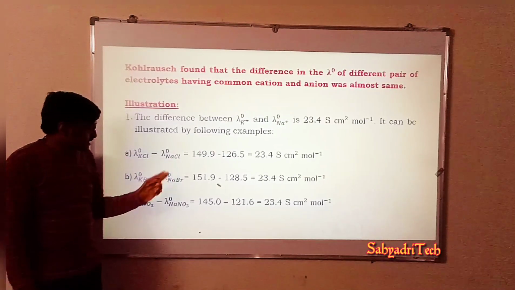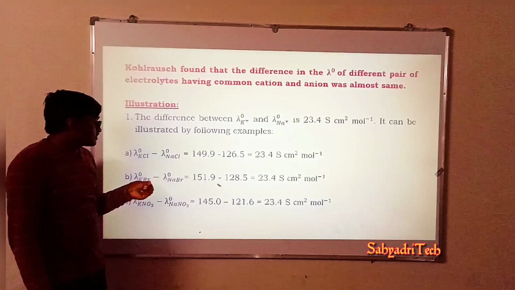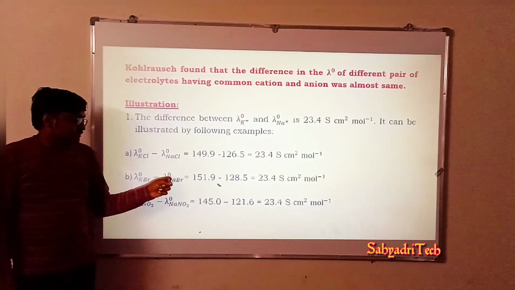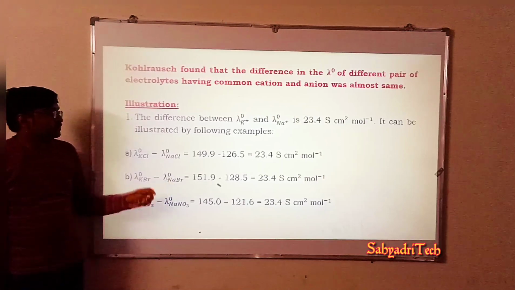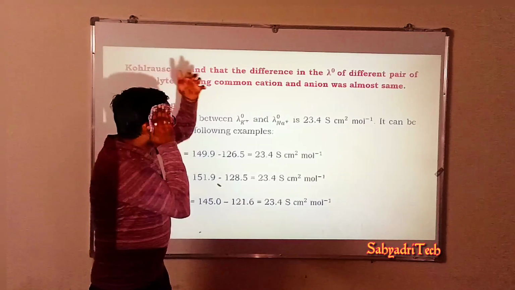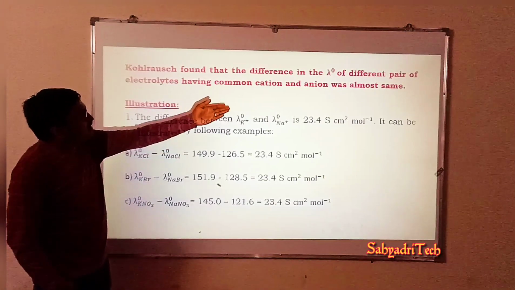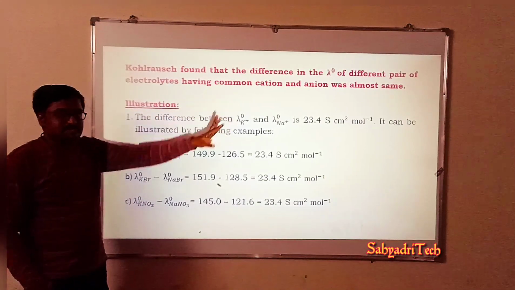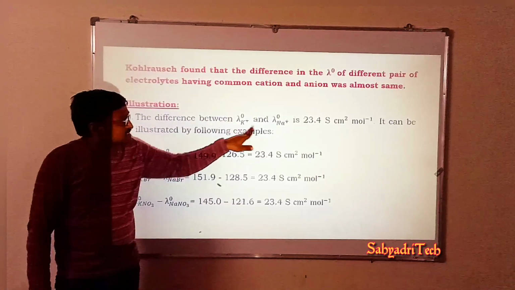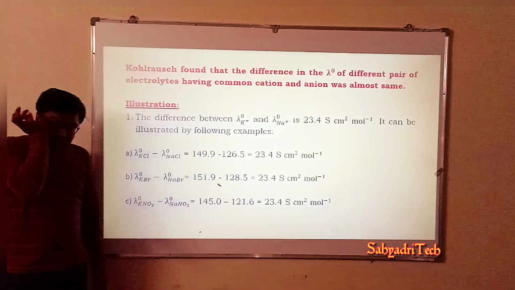Similarly, in all three examples, we observe only the difference between lambda naught of K+ minus lambda naught of Na+. Therefore, he considered the difference in the lambda naught of different pairs of electrolytes having a common cation or anion to be almost the same. The difference between lambda naught of K+ and Na+ is always 23.4 Siemens centimeter square per mole.